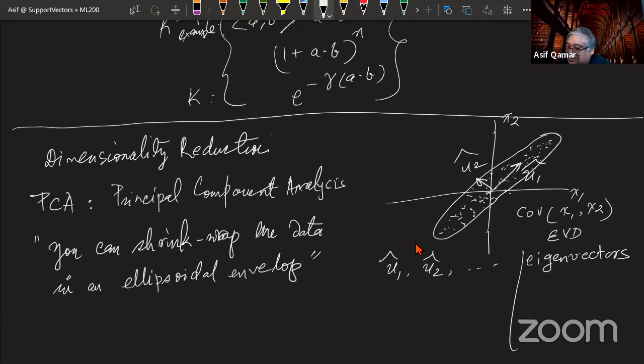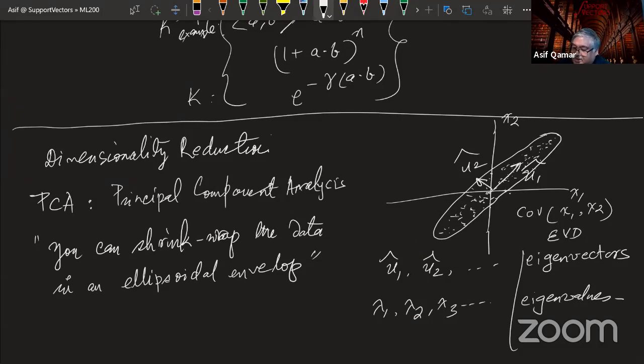But forget the math. Just think about the intuition that you can shrink wrap it into an ellipsoid. It has unit vectors along the principal axes. Those are your principal components. And the degree that you stretch along each of these, lambda 1, lambda 2, lambda 3, and so forth, are called the eigenvalues.